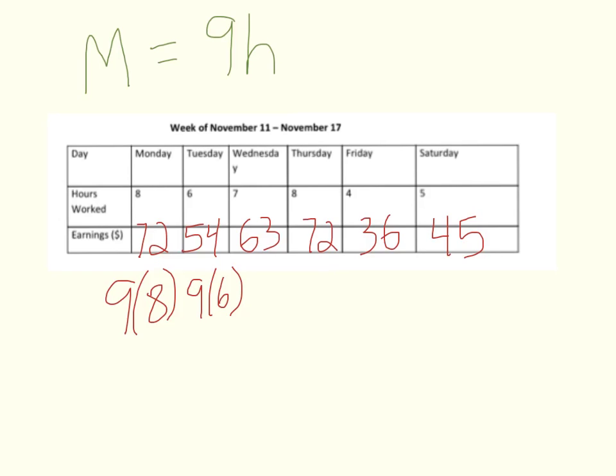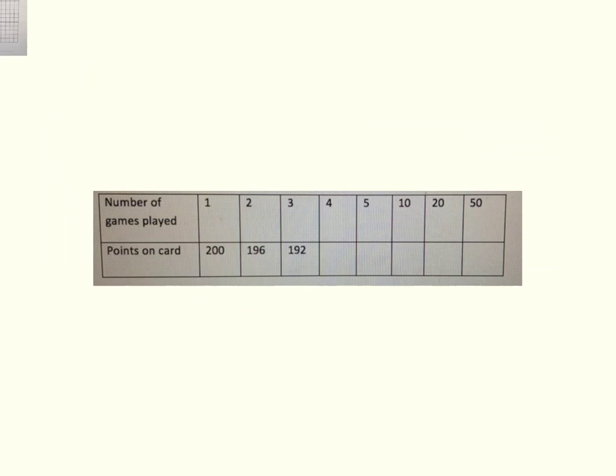That is the relationship between the two. You could also include there, if you wanted to be a little more detailed, as H increases by 1, M increases by 9. So for every hour she works, she gets paid an extra $9.